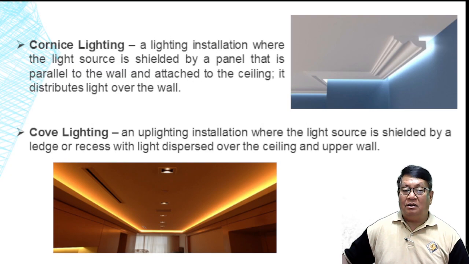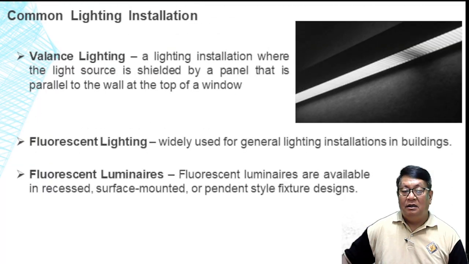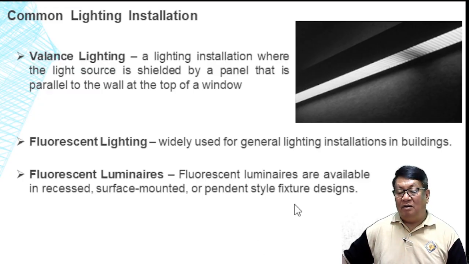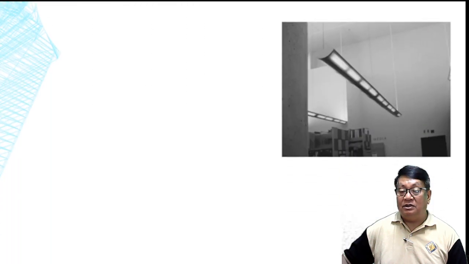We have also the cornice lighting, the cove lighting, which is now common in some installations, especially if it will render performances. No? We have here the valance lighting system, the fluorescent lighting, fluorescent luminaires. So we have all these common lighting installations.